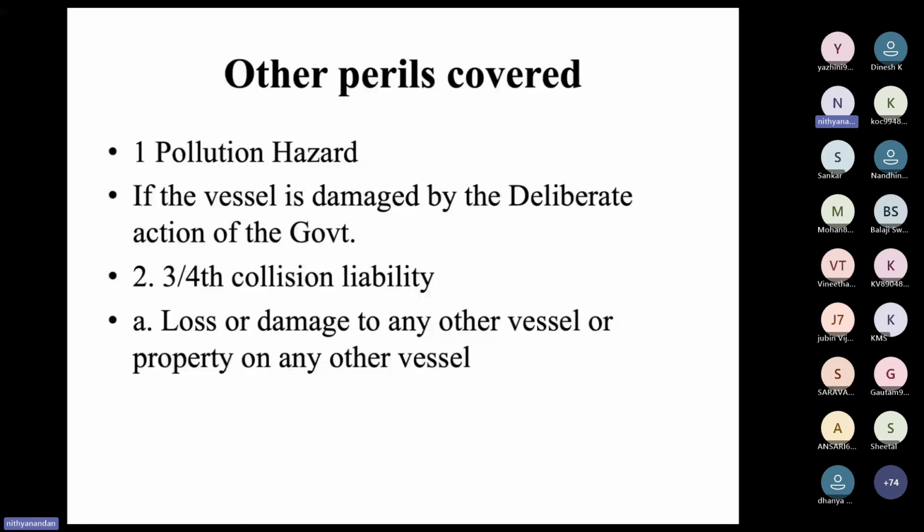You should understand there are 2 types of pollution hazards or damages. If a vessel carrying oil, due to some damage, oil is leaked on the sea, it is a pollution hazard. It is not payable by the policy. But since the government wants to stop the pollution hazard, it orders deliberate destruction of the vessel.